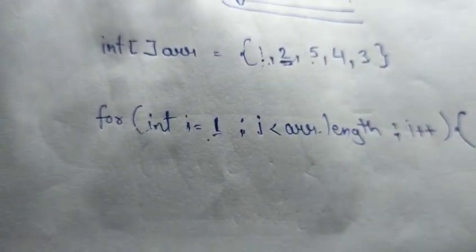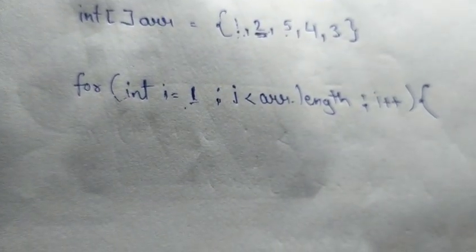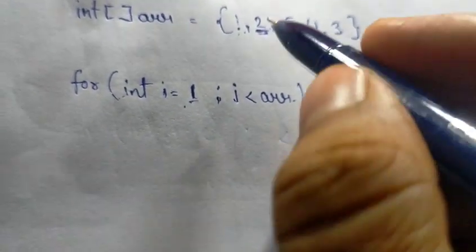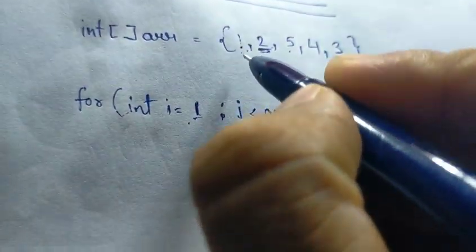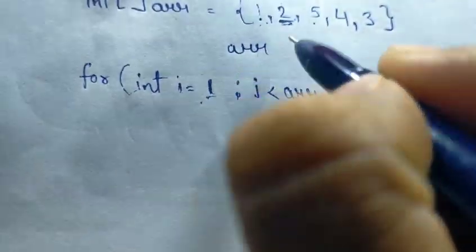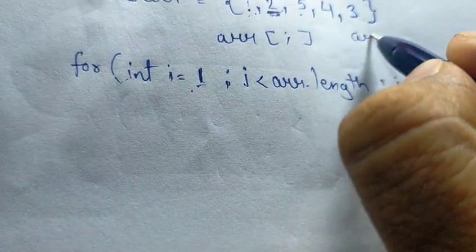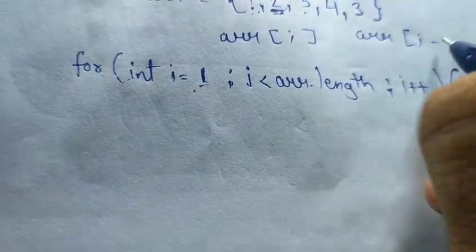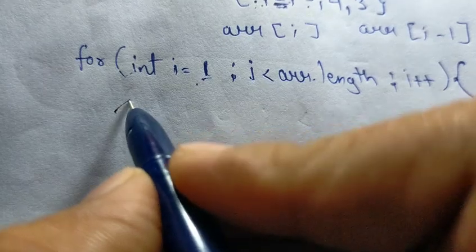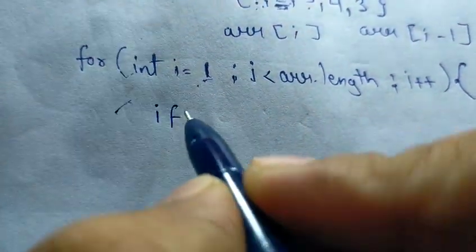How can we compare? We are taking two elements: first arr of i for checking, and second arr of i minus 1. Now I explain the condition.